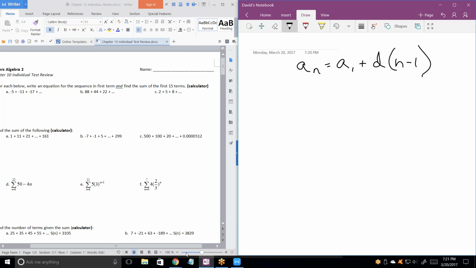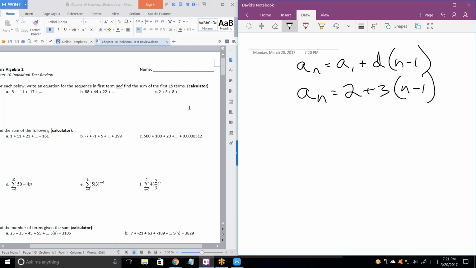Fill in everything to give me the specific equation of this sequence. Okay, so it equals 2 plus 3 times n minus 1. Now, whether you need to simplify this, I would say yes, you probably do.